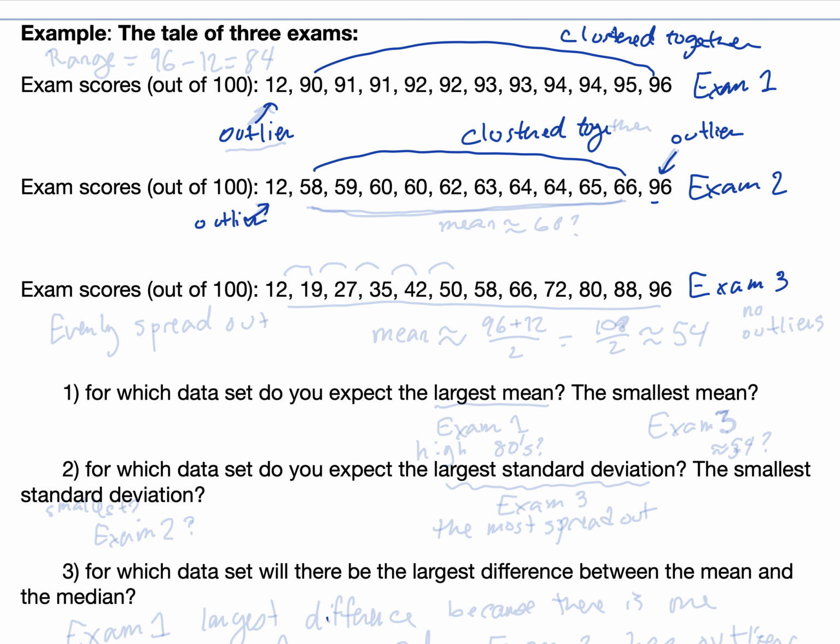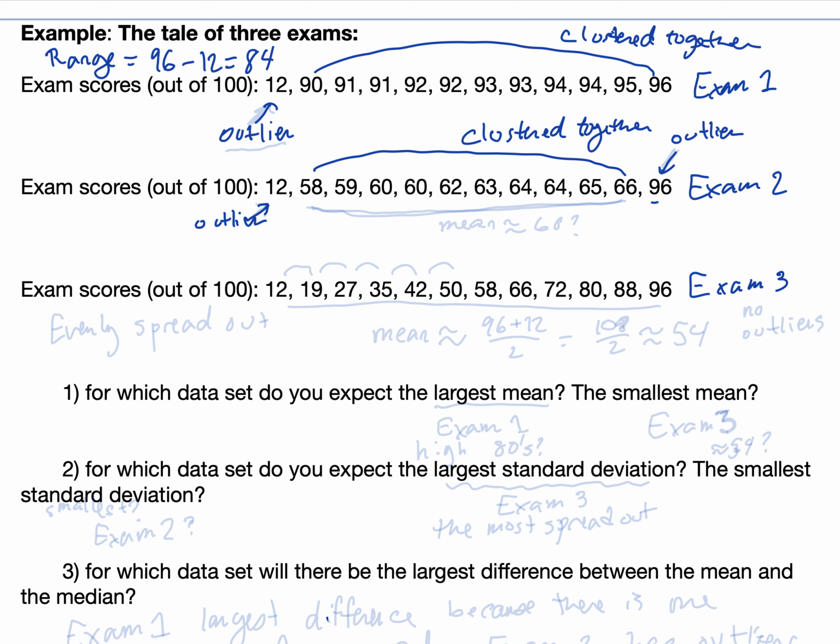And in our last example, we've got this big range. Well, the range is, again, the same. I should say that the range in each of these cases is the same. The range in all 3 of these exams is 96 minus 12 equals 84. So the range is the same for each of these cases.